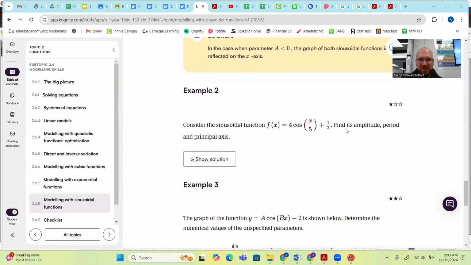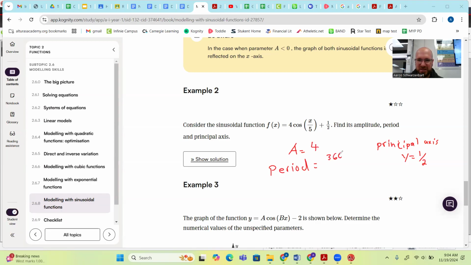So consider this function. It says find its amplitude. Amplitude is, period we'll do last. Amplitude is 4.